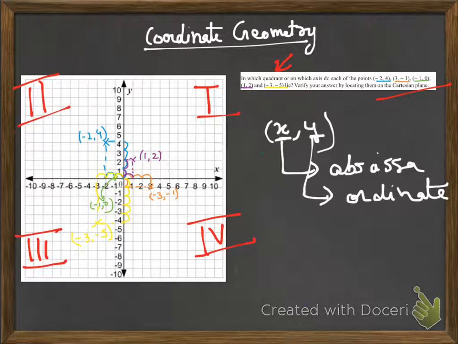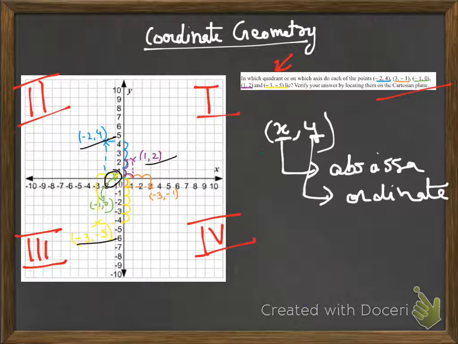So we can clearly see that point (1, 2) is in the first quadrant, (-2, 4) is in the second quadrant, (-1, 0) is on the x-axis between quadrants 2 and 3, and (-3, -5) is in the third quadrant.